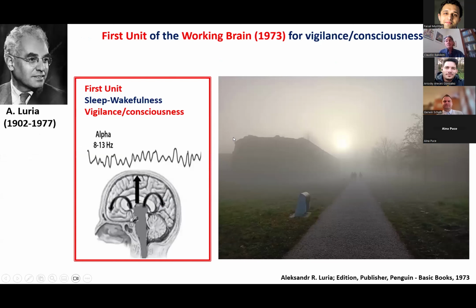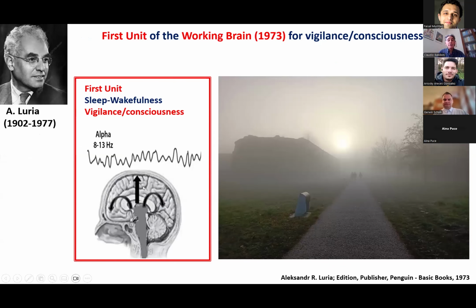And so the hypothesis of my talk and our work group is that EEG in the resting state condition, eyes closed and eyes open, is a window on the neural system related to vigilance and consciousness level.